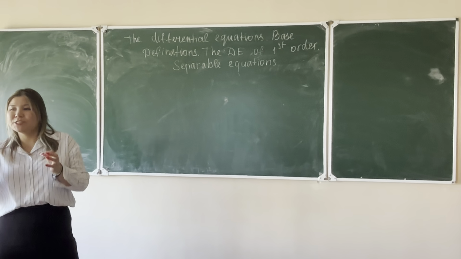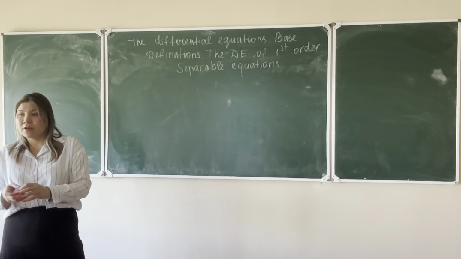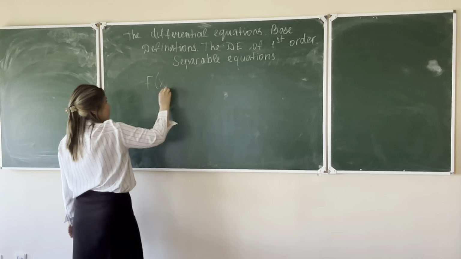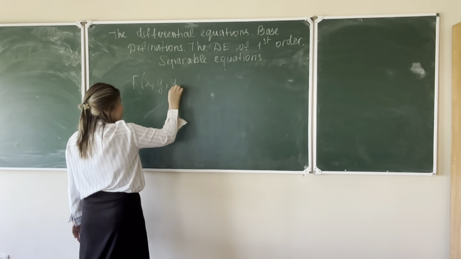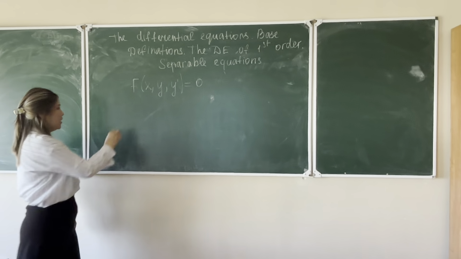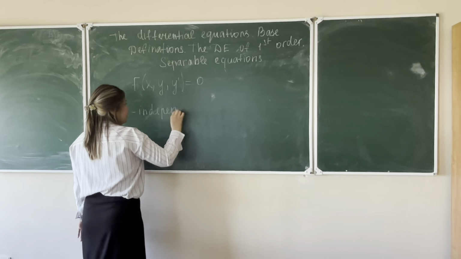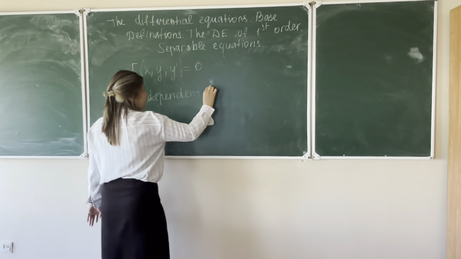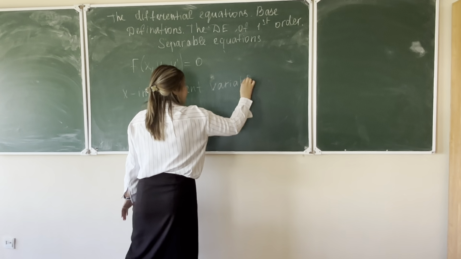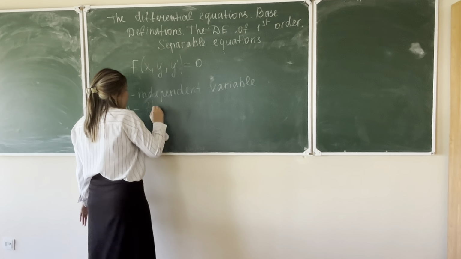Okay, let's start. Which types of differential equations are called first order differential equations? The equations of the form F(x, y, y') equal to 0. In general, here x is the independent variable and y is the unknown function.